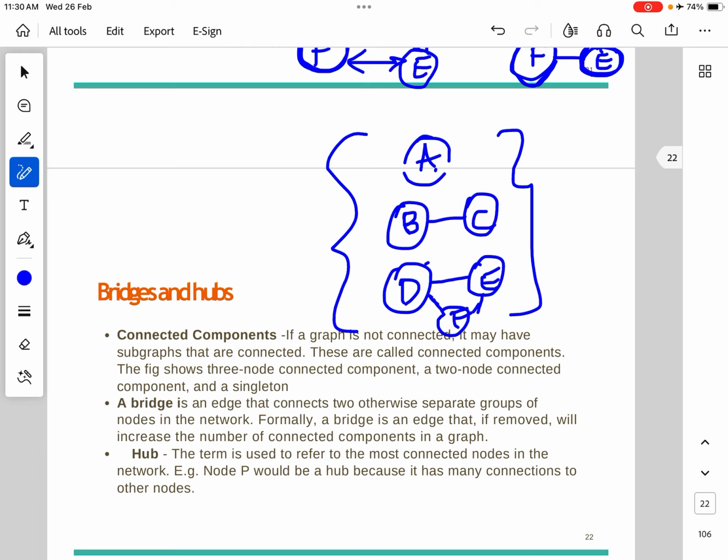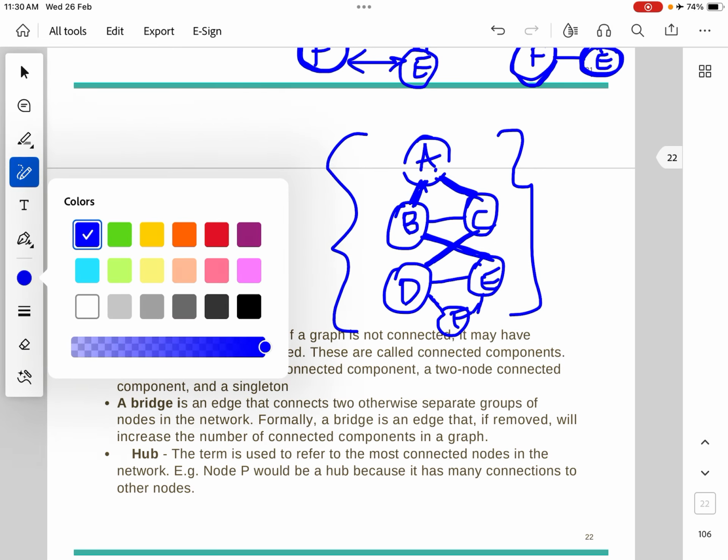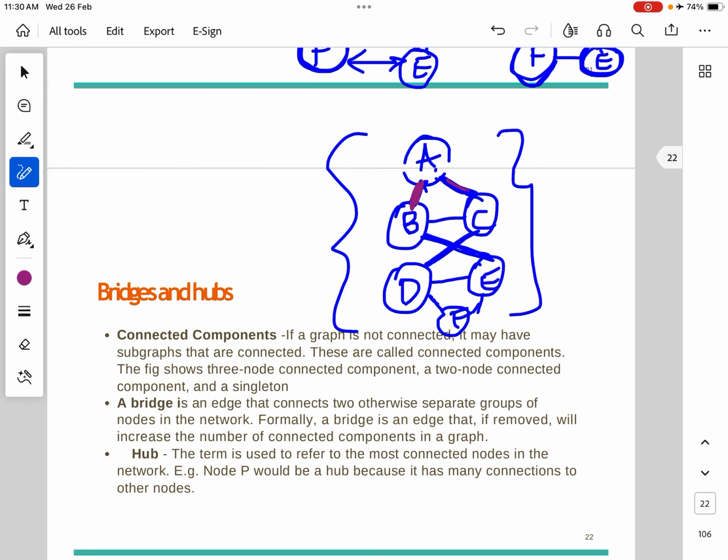For example, if I have this, then here B to E, C to D, A to B, A to C, these are all my bridges.